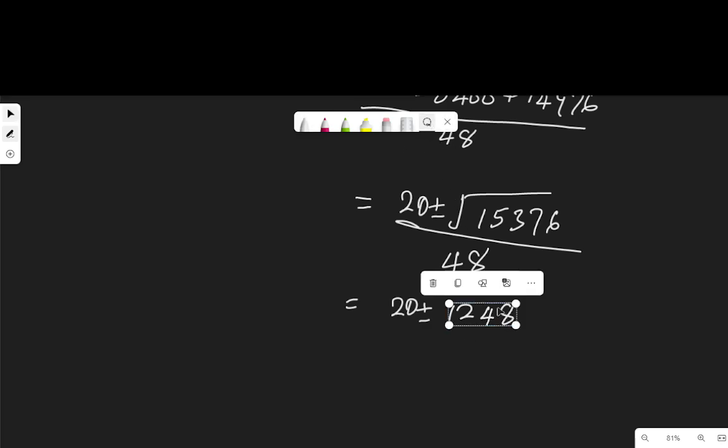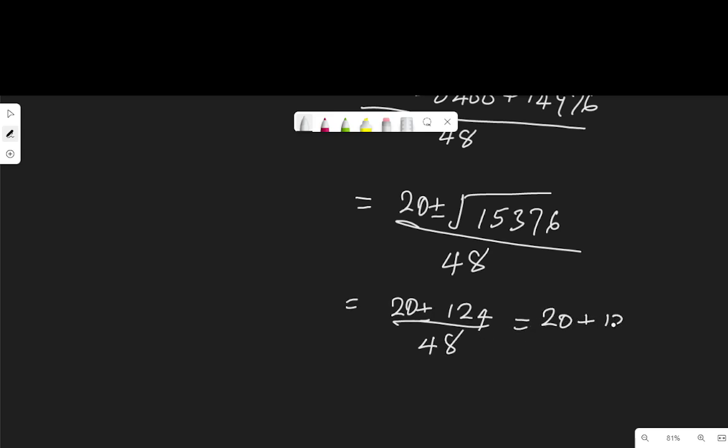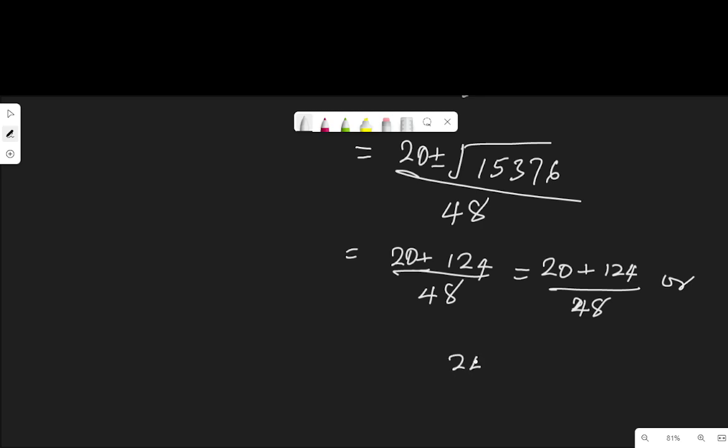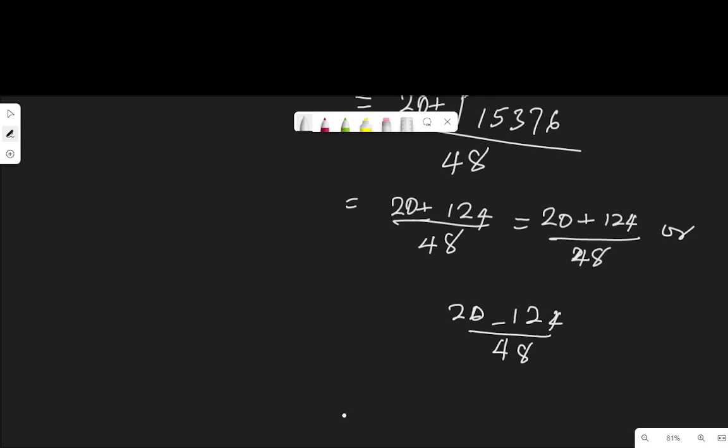That is 20 plus 124 over 48, or 20 minus 124 over 48. 20 plus 124 is 144, so 144 over 48, or negative 104 over 48.